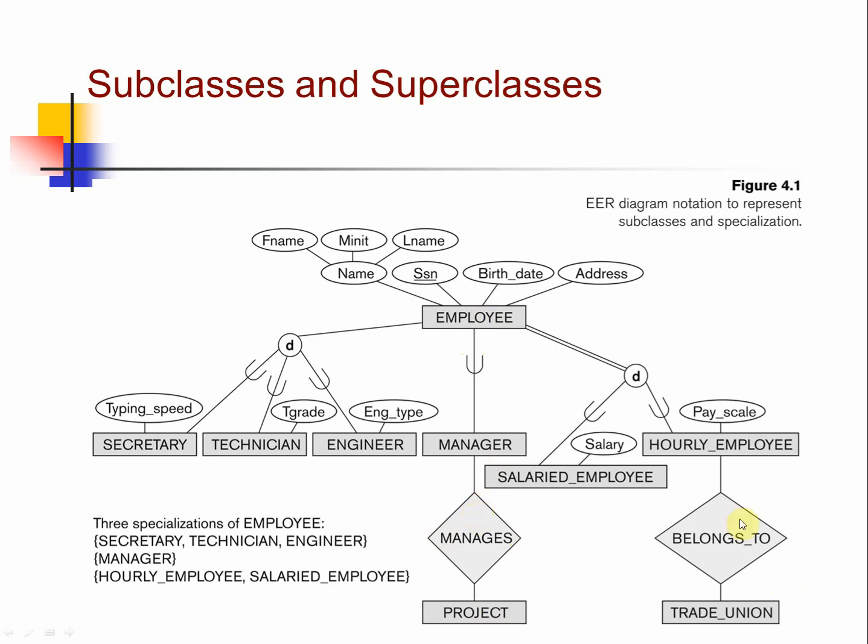It's the same thing: hourly employee is not trade union. They are two different things, so they are connected through a relationship. And that is a very big difference between superclass and subclass, because subclass entities are entities in the superclass.